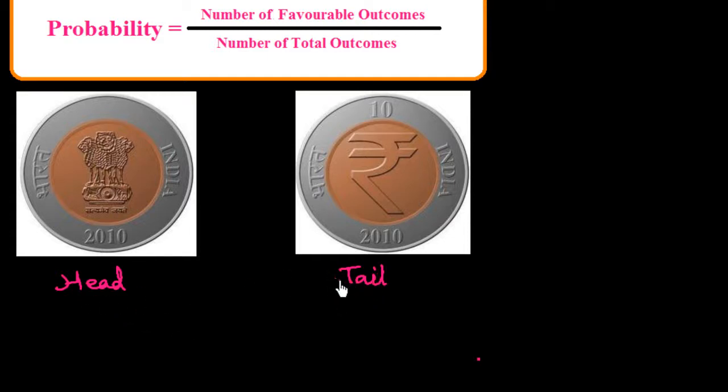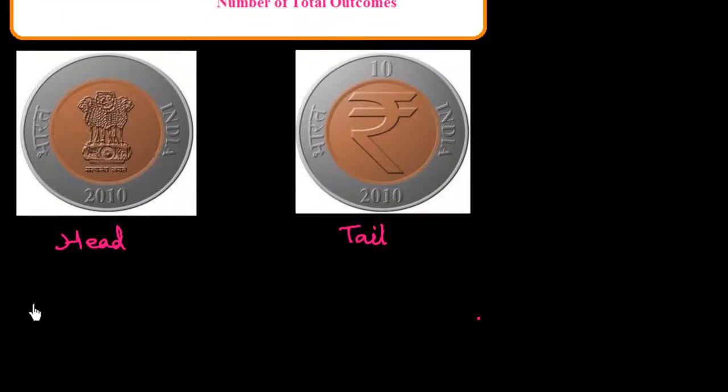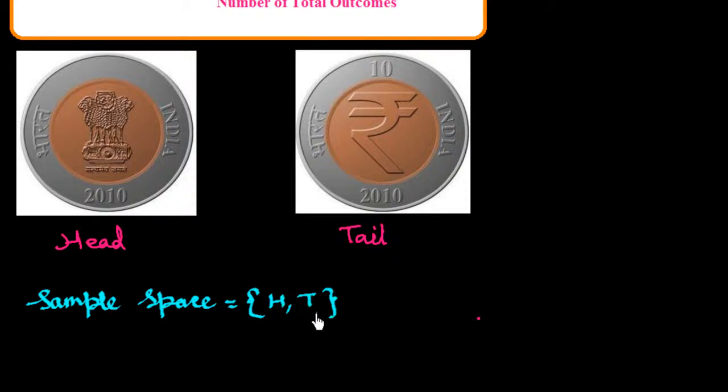If I toss a coin, we have two possible outcomes, or we have the sample space like this: one head and one tail.